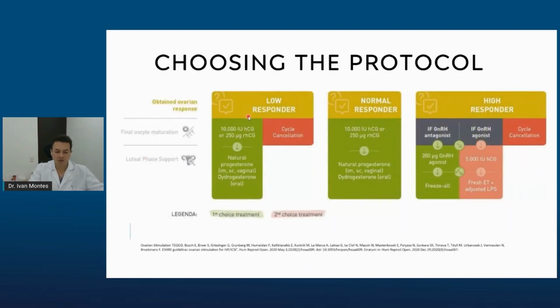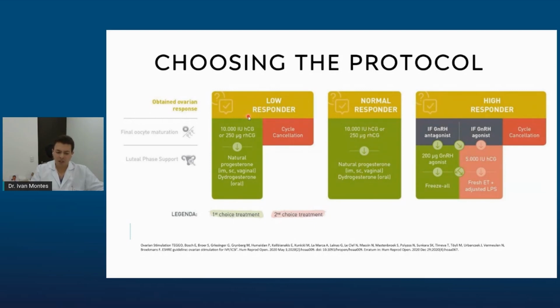The trigger for low responders can be done using 10,000 units of HCG or 250 micrograms of recombinant HCG, because the risk of ovarian hyperstimulation is very low.